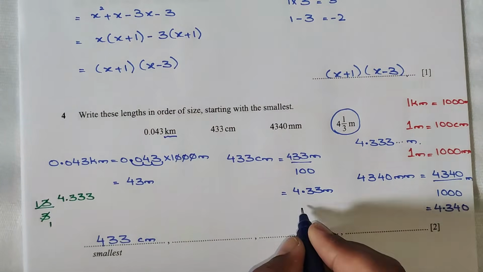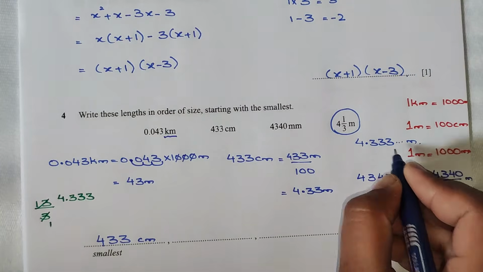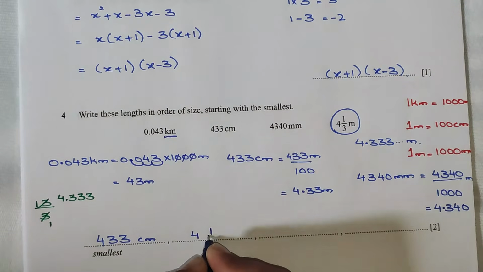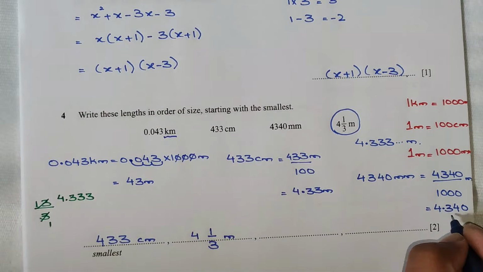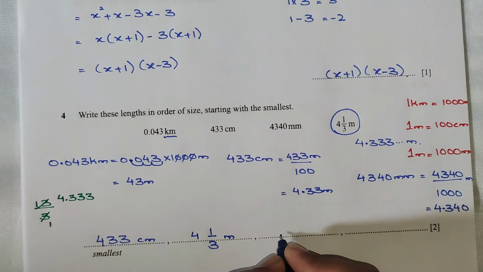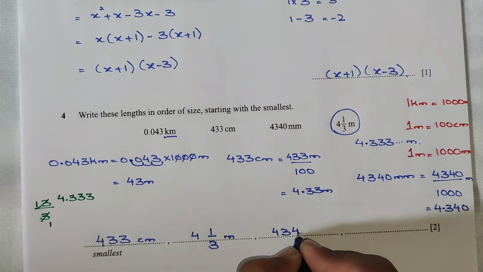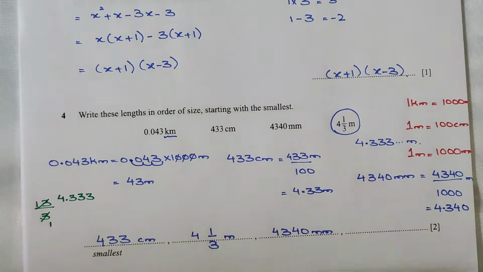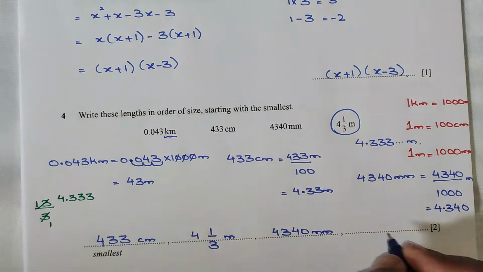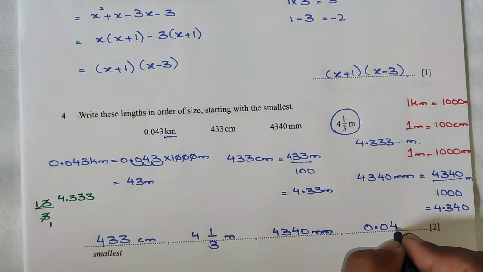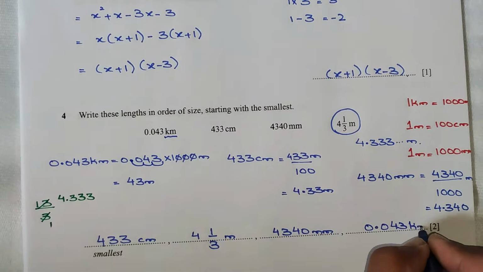Now the next one is this one, 4.333. This would be 1 by 3 meters. Now again the next one is 4.340, so it would be 4340 millimeter, and the highest one is 43 meters, that is 0.043 kilometer.